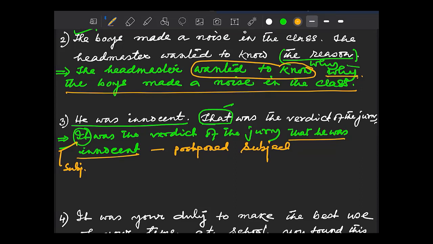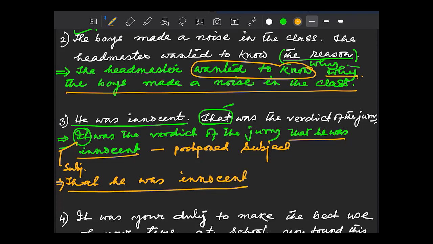Okay, you may put the real subject at the right place this way: that he was innocent. This is the clause, and this is the place of the subject.